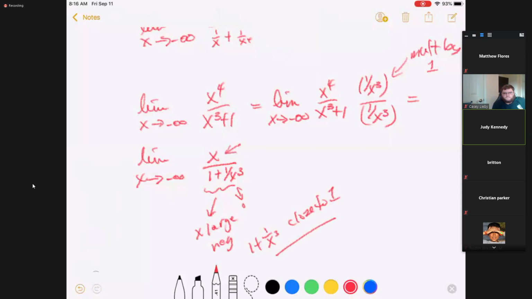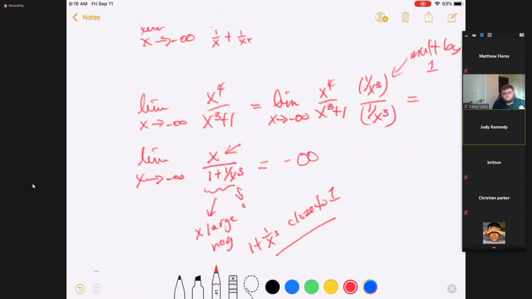But what's happened in the numerator? The denominator numbers are getting close to 1. The numerator numbers are getting larger and larger in the negative direction, and they're not bounded. This limit's going to be minus infinity, because they're going to be negative numbers.